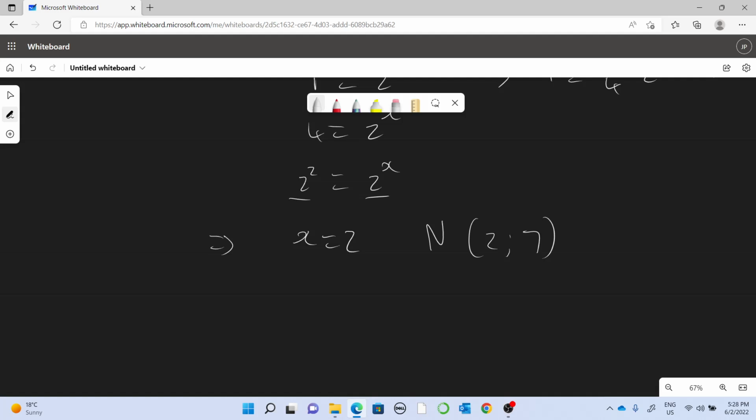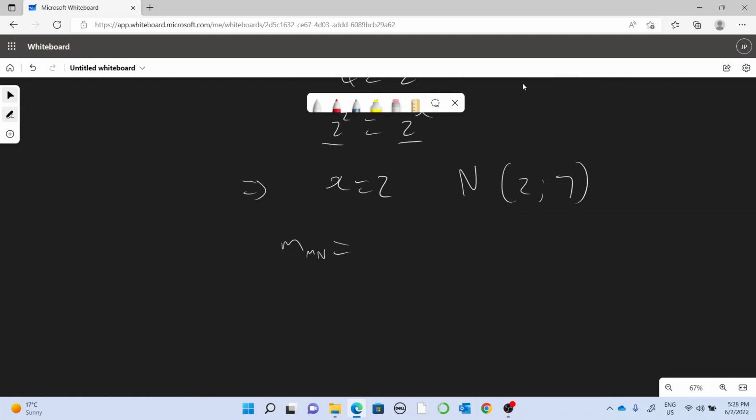To get the gradient of M and N, we said we're going to use the y coordinate of M, which was the 13/2 we calculated.